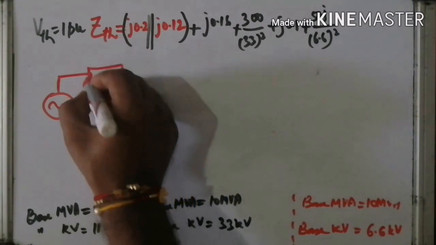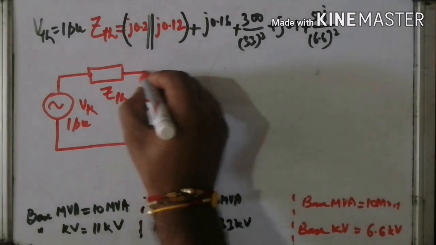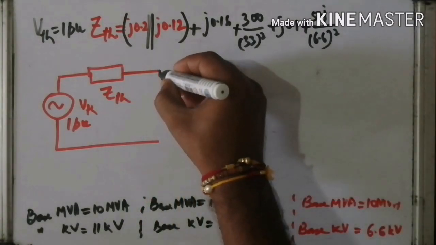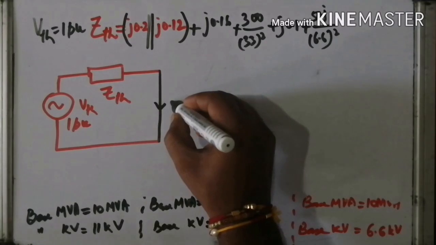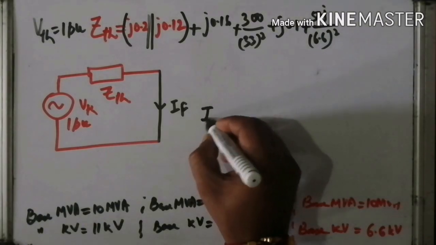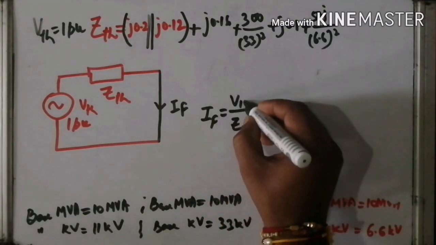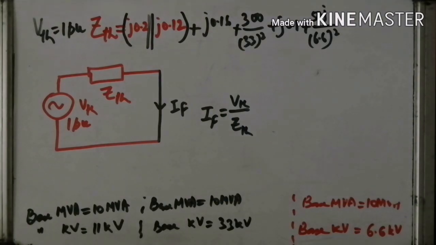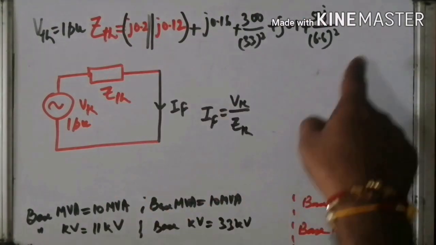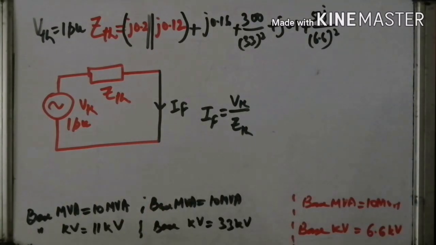Then after an impedance, that is ZTH, and then the point where the fault current will flow. IF is the faulty current, and the value of IF is given by the formula V divided by Z, right? Once you calculate the value of ZTH over here, then after we can calculate the value of fault current.